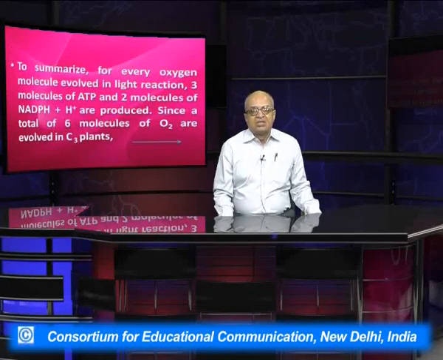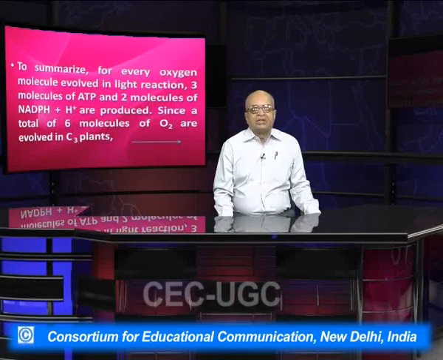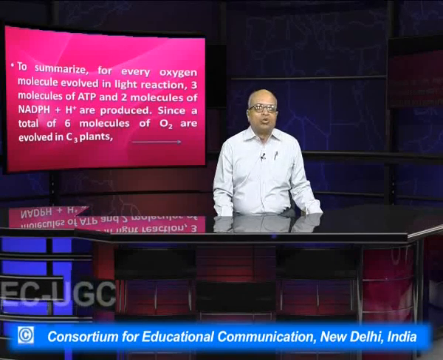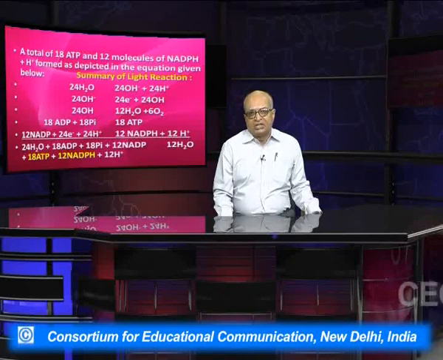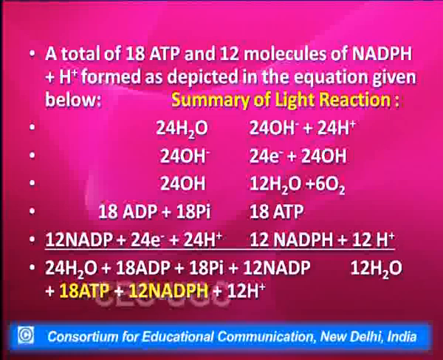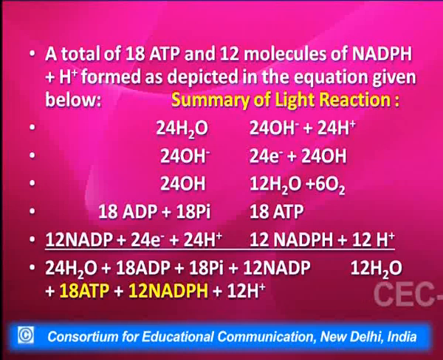In order to summarize, the basic idea is that for every oxygen molecule evolved in the light reaction, 3 molecules of ATP and 2 molecules of NADPH along with protons are produced. So, if one looks at the final equation, it is 24 molecules of water plus 18 molecules of ADP that would ultimately generate 12 molecules of water and 18 ATP.